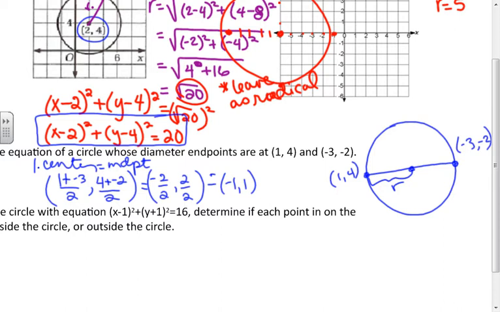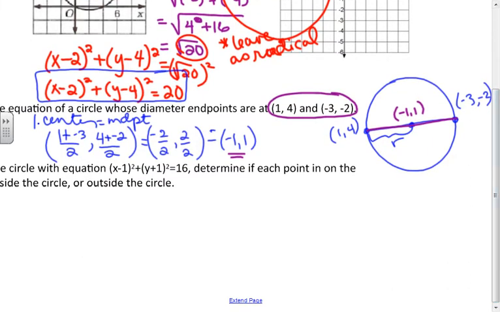Now I always like to go back to my given information, and in order to find my radius, I'm going to use the distance formula and find the entire distance and then divide by 2. I could do the distance from this center to one of the endpoints, but what if I got that center wrong? Then my answer would be wrong.